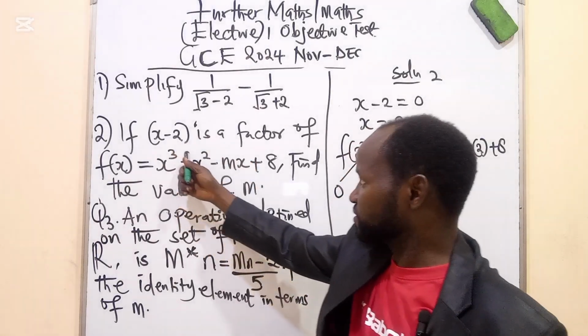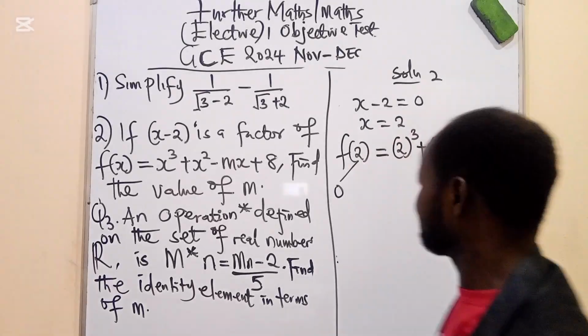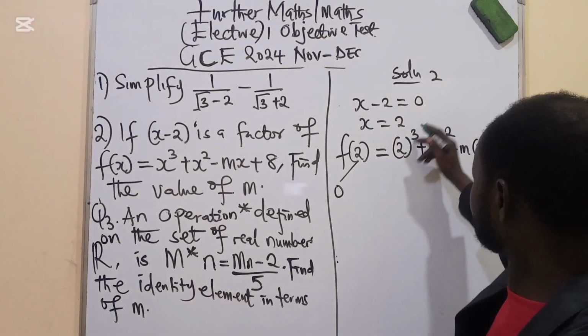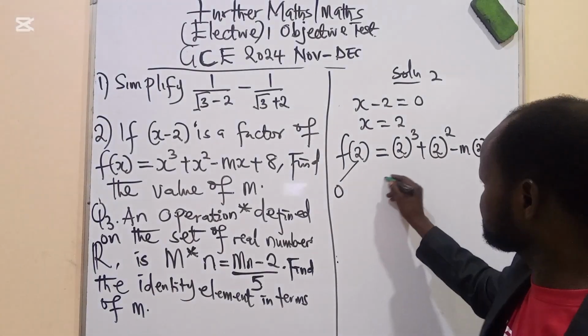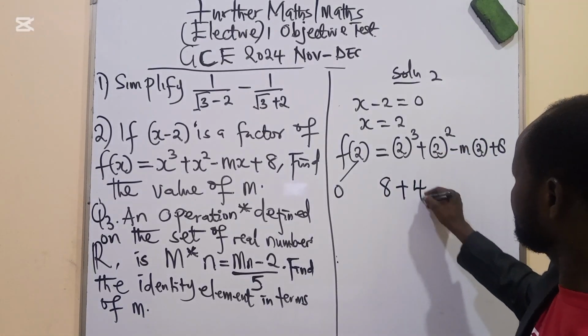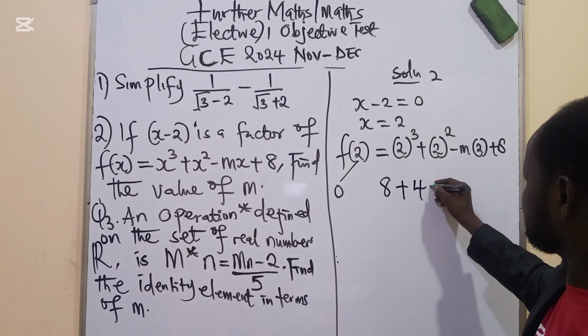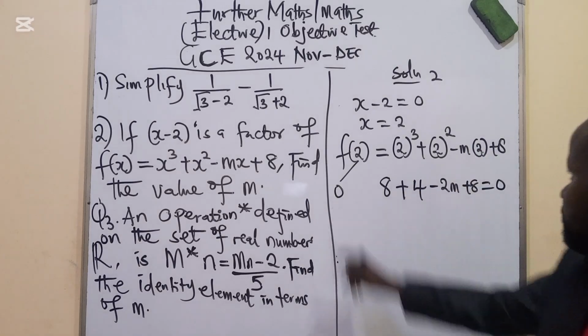If x minus 2 is a factor, it means the remainder is 0. This is under the remainder theorem. Let's simplify this. 2 power 3 is 2 times 2 times 2, which is 8, plus 2 squared, which is 4, minus m times 2, that will be minus 2m, plus 8 equals 0.